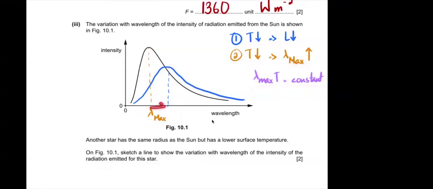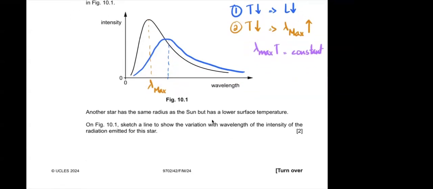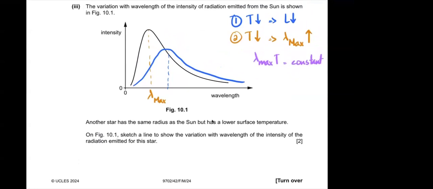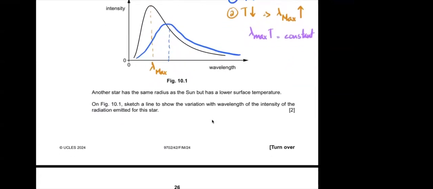So the wavelength has now shifted out here, and this is where your new peak is. So it's a peak which has shifted to the right, but it's now lower than what it previously was. So that's how this graph looks. Also, technically speaking, all right, we can let this slide.